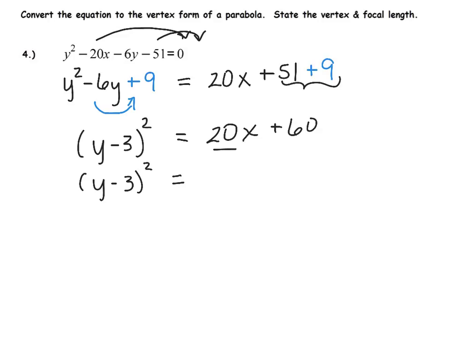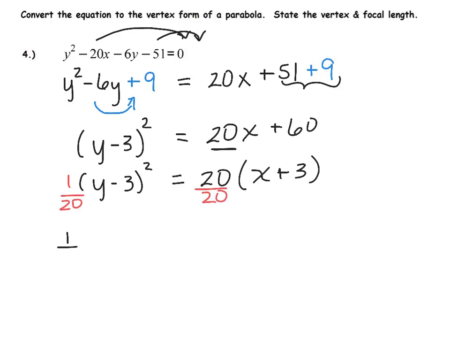I want to get rid of this coefficient here. So I'm going to factor out that coefficient of 20, which leaves me x plus 3 in parentheses. Now divide both terms by 20, which is the same thing as multiplying by 1 over 20.